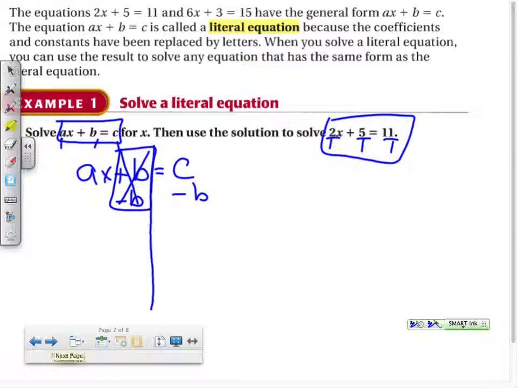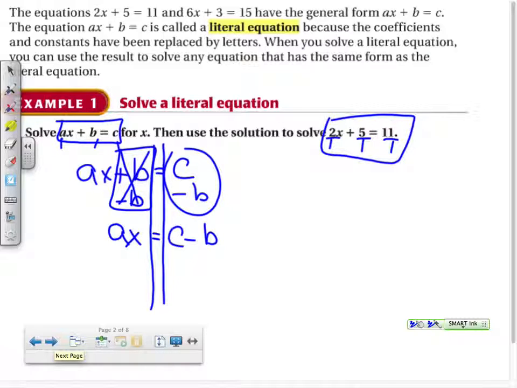We are left with ax equals c minus b. I don't know what that is, but that's okay, it's a literal equation. It's going to have a lot of variables there. So ax equals c minus b. And the last thing we'll do is divide by a. x equals c minus b divided by a.